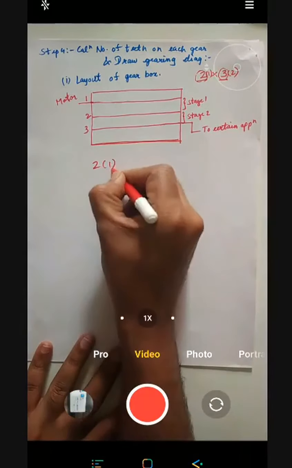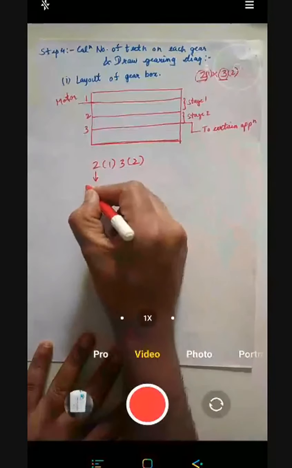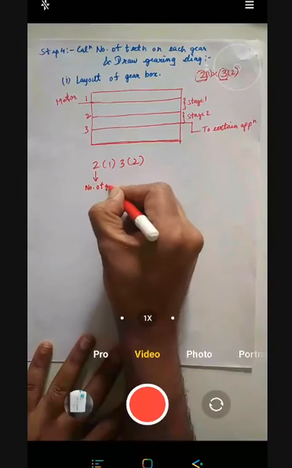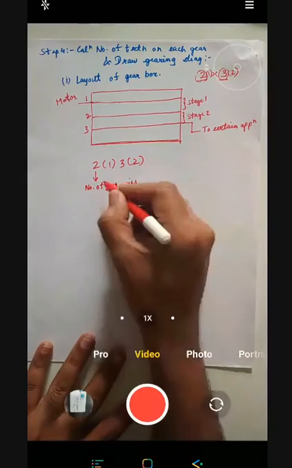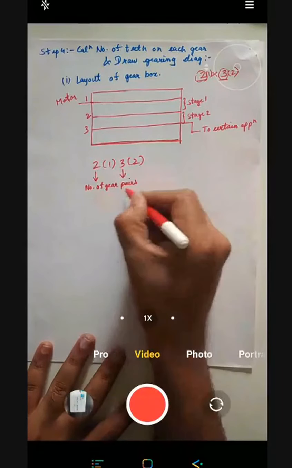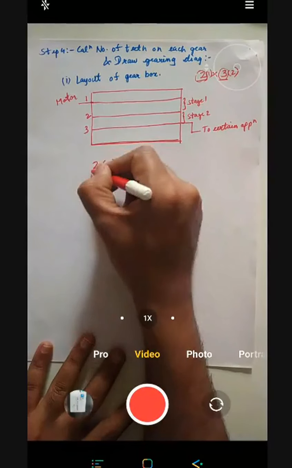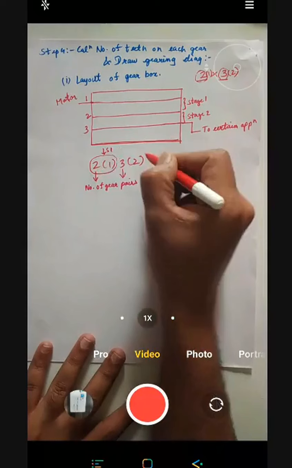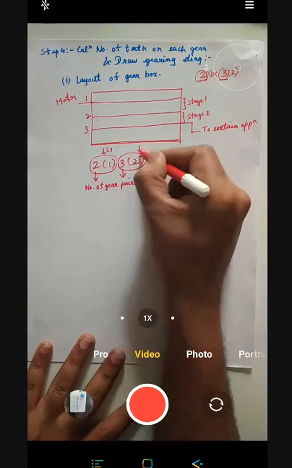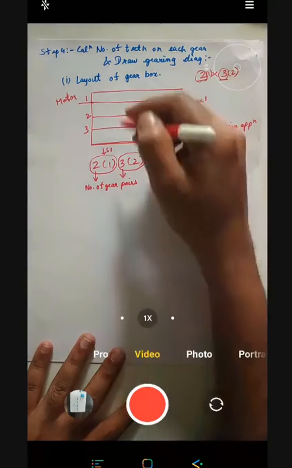So 2, 1, 3, 2 indicates number of gear pairs, I am saying, not gears. This and this indicate number of gear pairs, and this indicates it is in stage 1, and this indicates this is in stage 2. Getting the point? So in stage 1 there will be two pairs of gears.